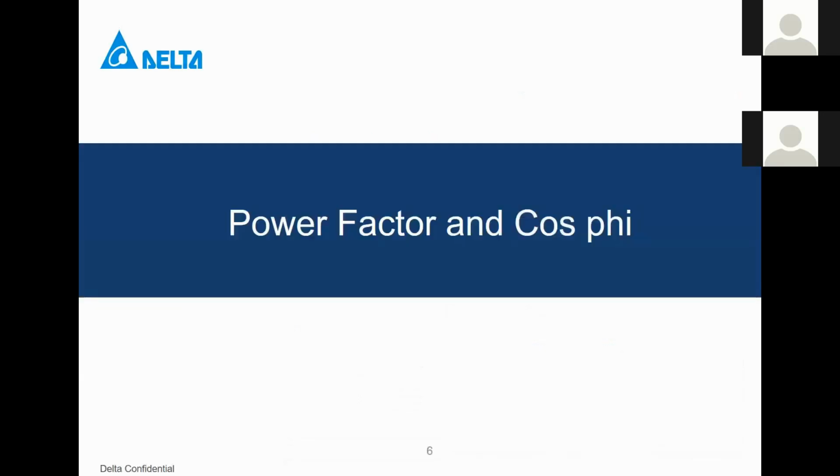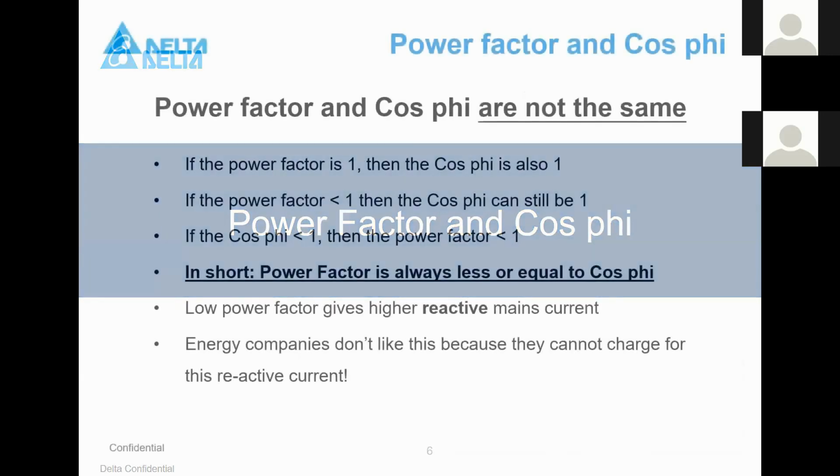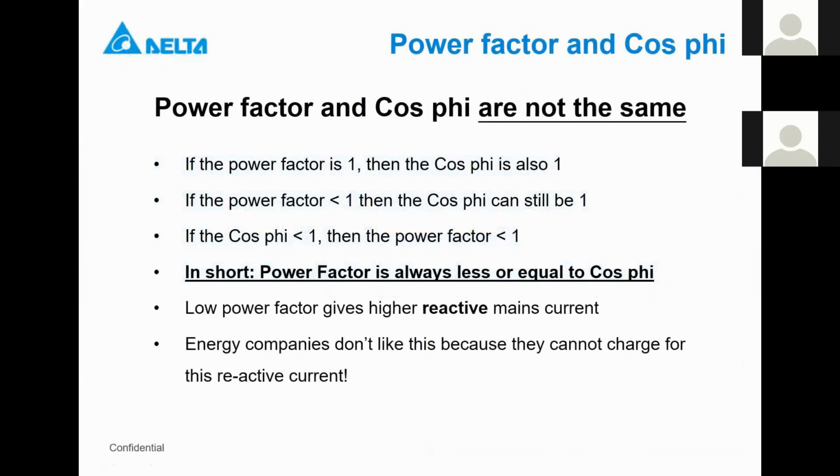First of all, power factor and cosinus phi. Power factor and cosinus phi are not the same. Here are some statements that are all true. If the power factor is 1, then the cosinus phi is also 1. If the power factor is lower than 1, the cosinus phi can still be 1.